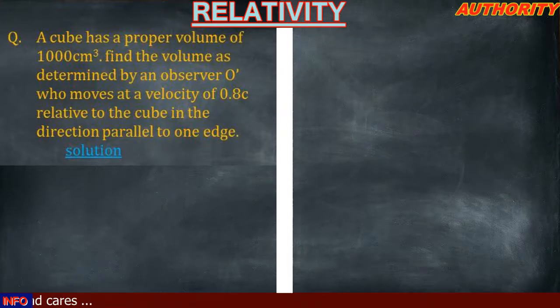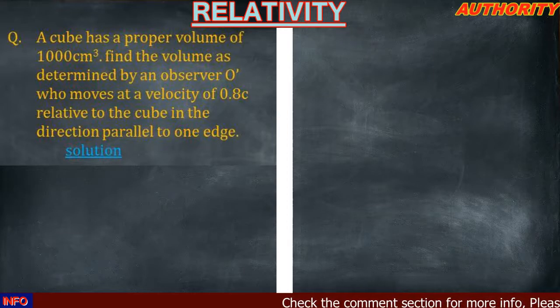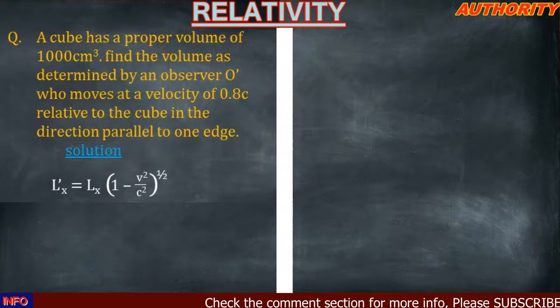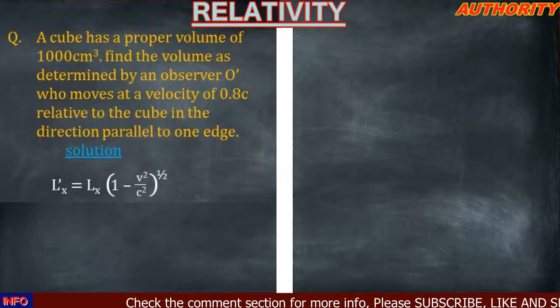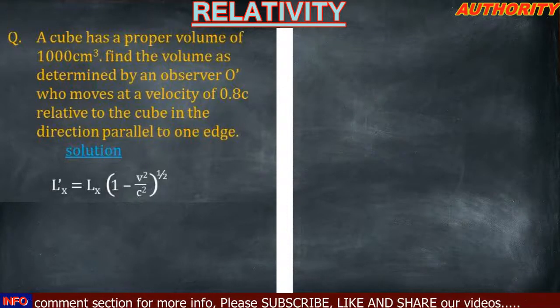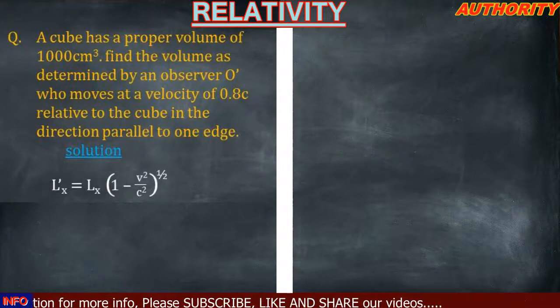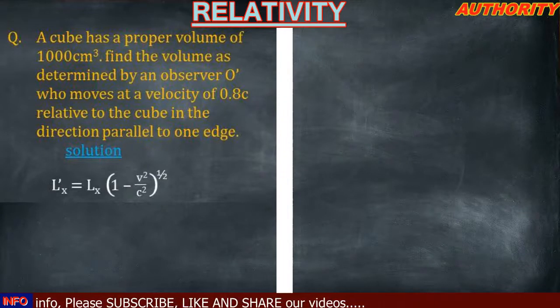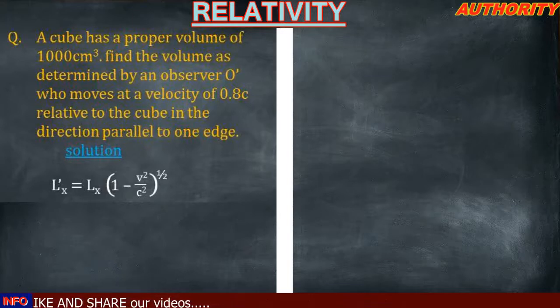Now we're going to say that contracted length, which is L prime in x direction, we say one side is affected, right? So we take the side that is affected as x. So we're going to have L prime subscript x, that is contracted length in x direction, is equal to Lx, the unaffected Lx, that is measured by observer at rest, multiplied by square root of 1 minus v squared all over c squared.